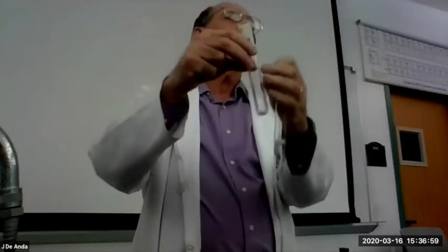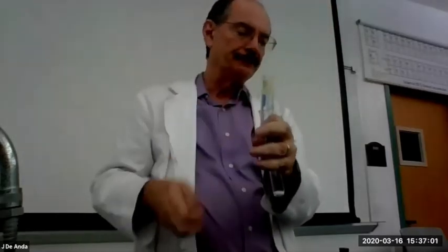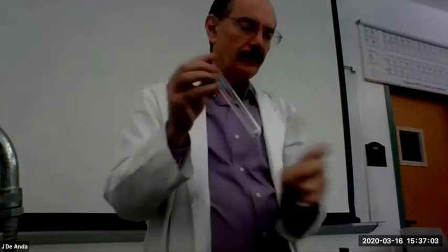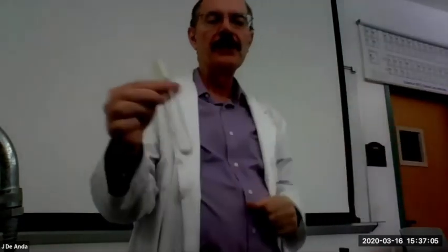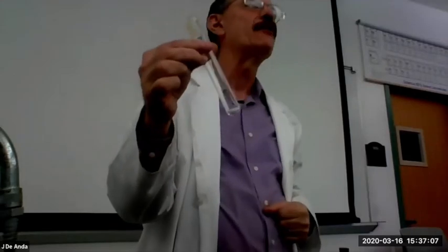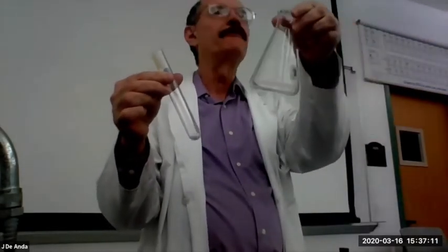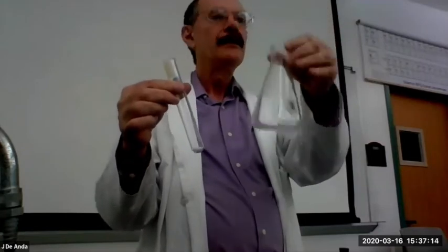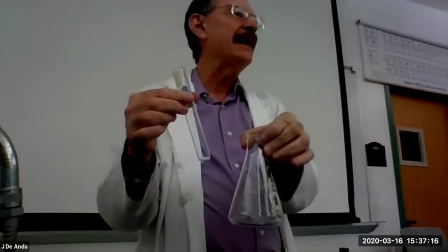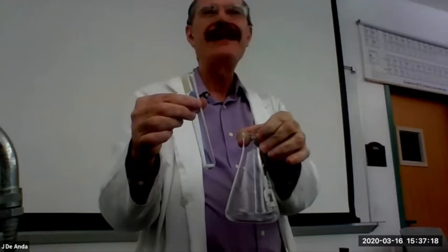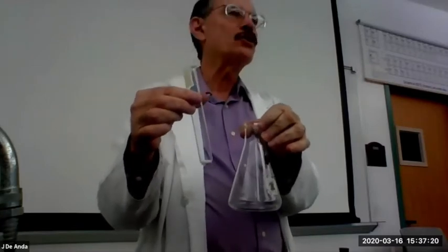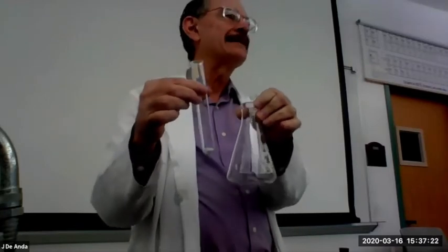So let's start with one of them. I'm going to save one for now. And with the other one, I want to dissolve it in water. So I'm going to grab my 250 mL flask, put it on the balance, and zero or tare it, because I want to measure exactly the amount of acid that is in here.